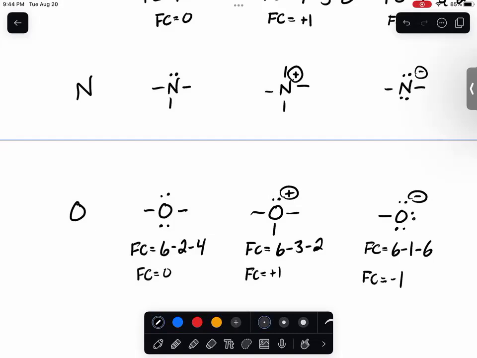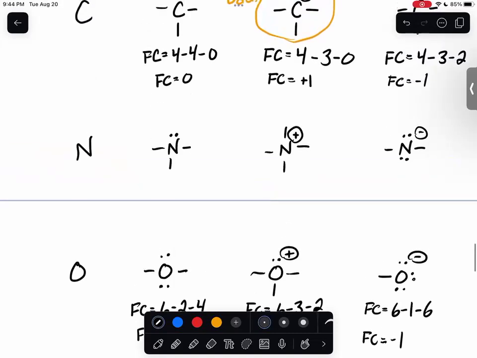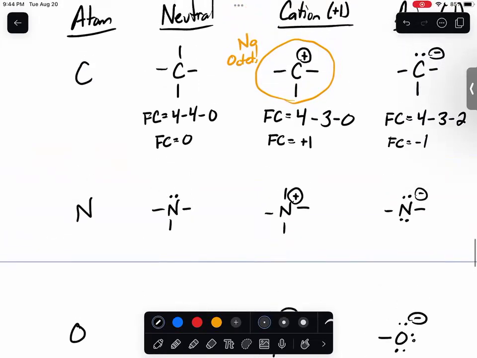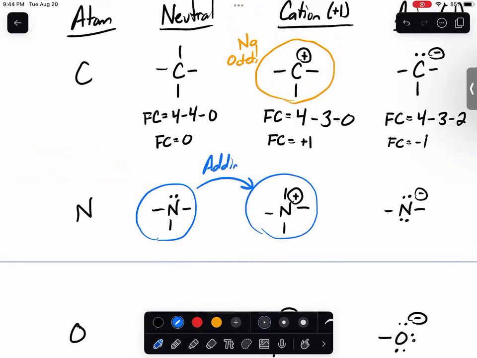Now you'll notice that there's a very common trend amongst these, right? For the most part, anytime you add a bond to something, so going from this neutral nitrogen to this positively charged nitrogen, all you're doing is adding a bond. That is what normally takes it from a neutral to a positive charge.